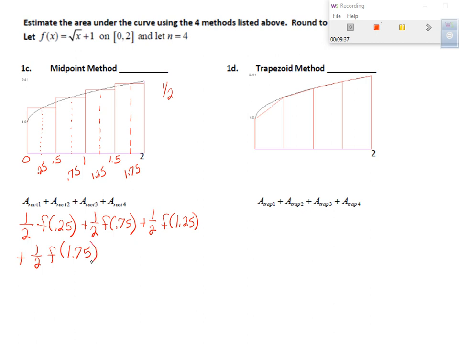Now, to shorten this up and make it easy on your calculator, guys, I know this is going to be 1/2. Now, instead of running 0.25 through that equation, then 0.75, then 1.25 and 1.75, let's come back to your calculator.